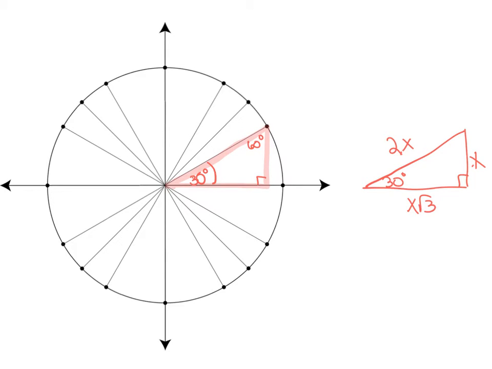Well, we know here that our radius is always, always, always 1. So if we set this equal to 1, what does x have to equal if you solve that? 1/2. So that's your side opposite 30. And then your side opposite 60, since x equals 1/2, it's 1/2 root 3. And when you write 1/2 root 3, that's the same thing as root 3 over 2.